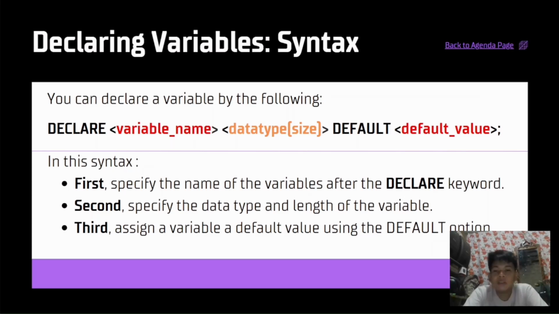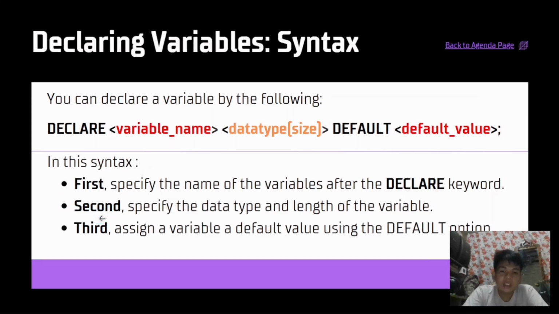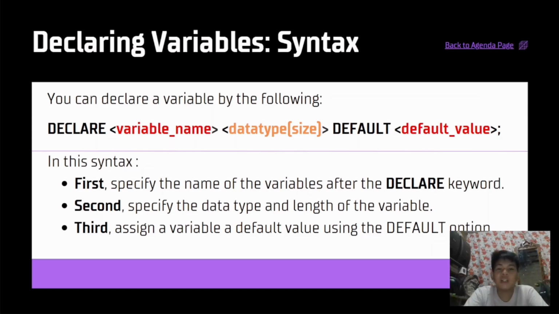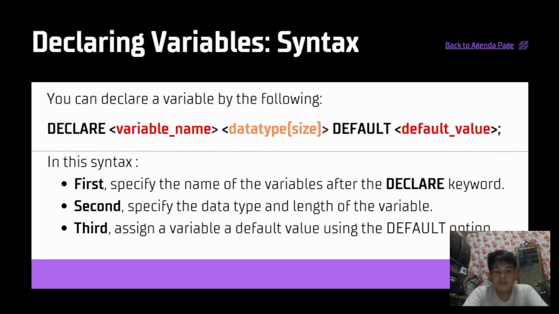Second, specify the data type and length of the variable. A variable can have any MySQL data type such as int, varchar, and datetime. Lastly, third, assign a variable a default value using the default option.